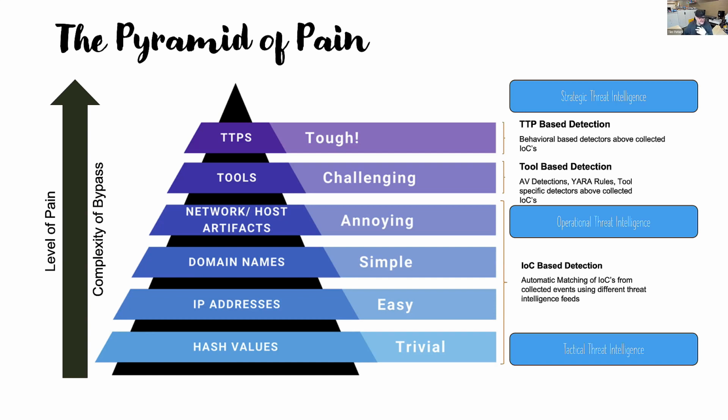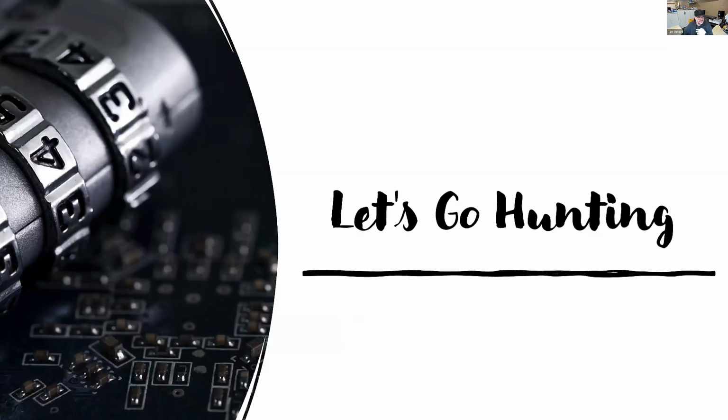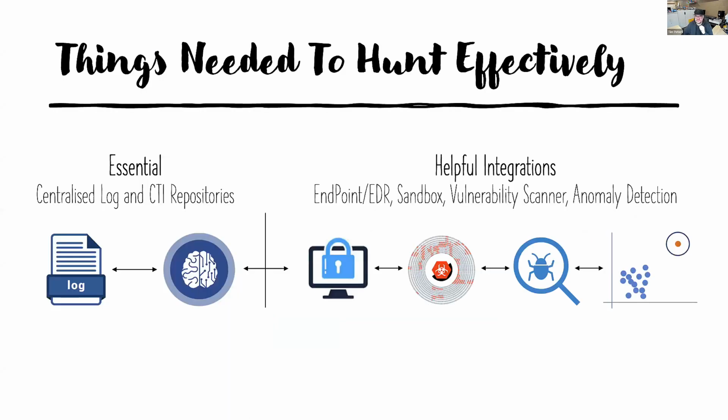So if we break that down a little bit more, we can start to see how we go about threat hunting. From that perspective, we need to look at what are the things that we need to have in place. From an organization perspective, we've got our SIEM, and potentially we have a threat intelligence platform. We don't necessarily need to have that. You could have a threat intelligence feed coming into your SIEM as such. That can help start the ball rolling.